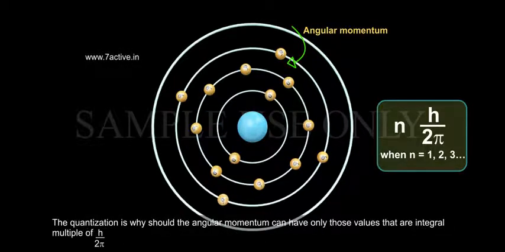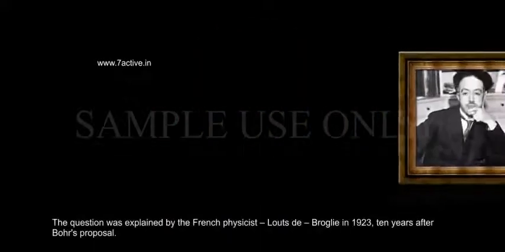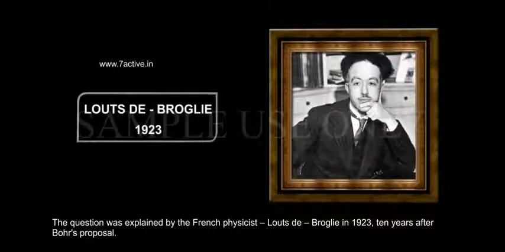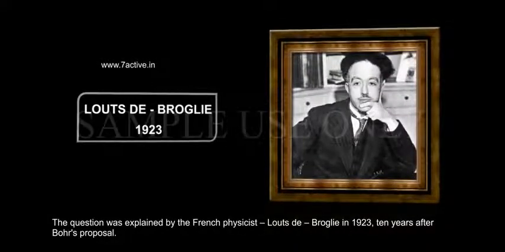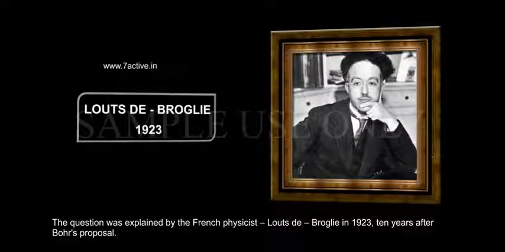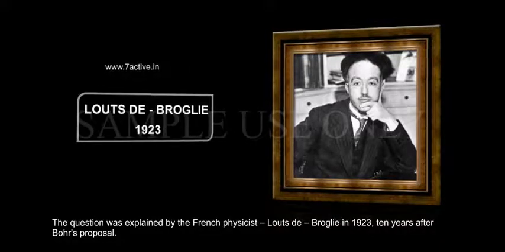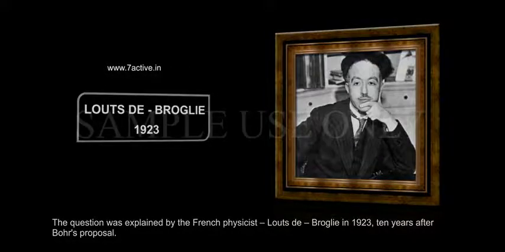The question of why the angular momentum can have only those values that are integral multiples of h by 2 pi was explained by the French physicist Louis de Broglie in 1923, 10 years after Bohr's proposal.